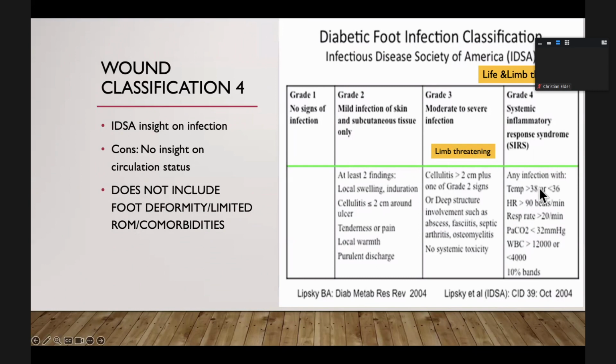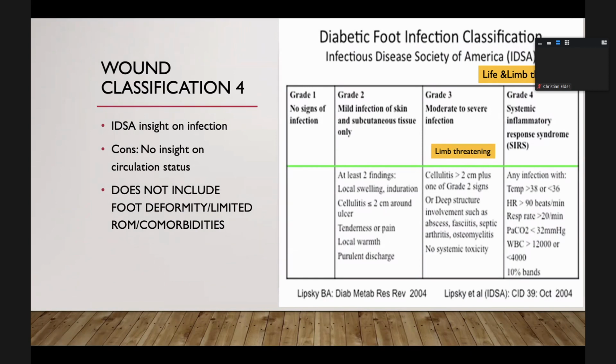If they do not meet the SIRS criteria, if there's no systemic toxicity, it's not grade 4. So it's very important that you know that. Are we good? Yep. Okay. Make sure you know that.